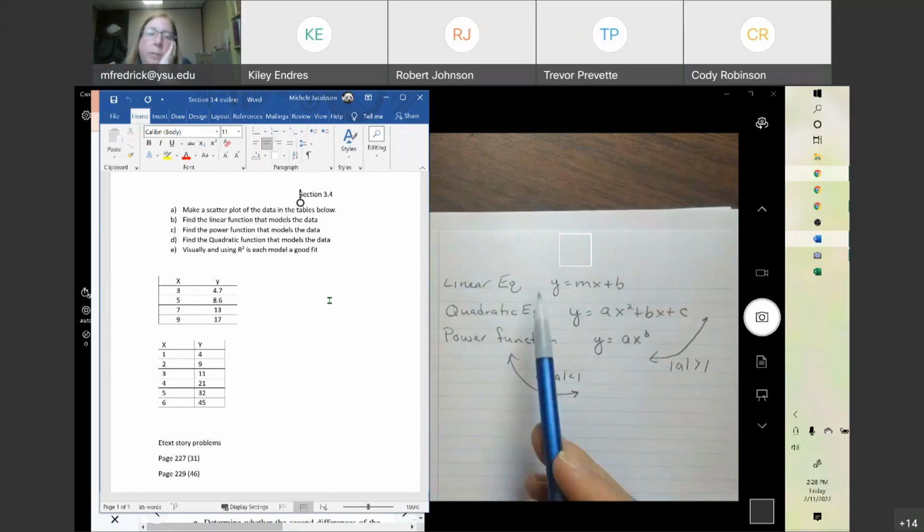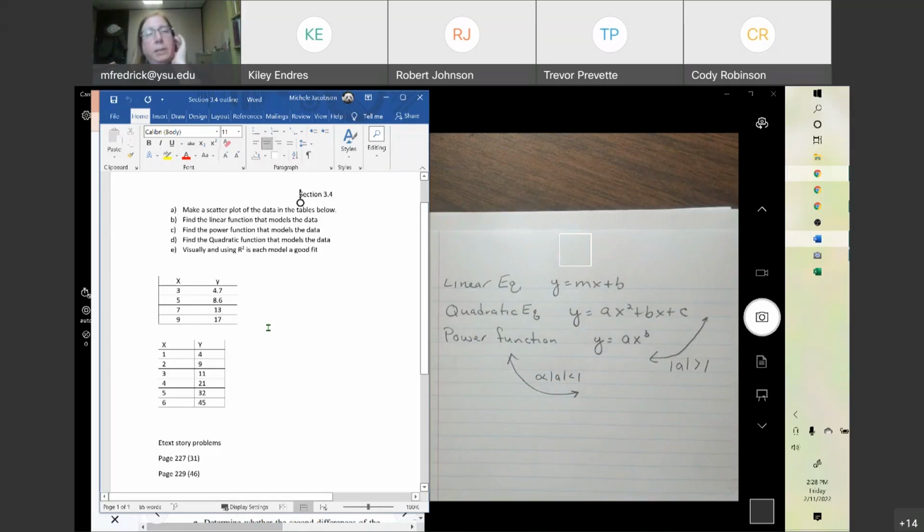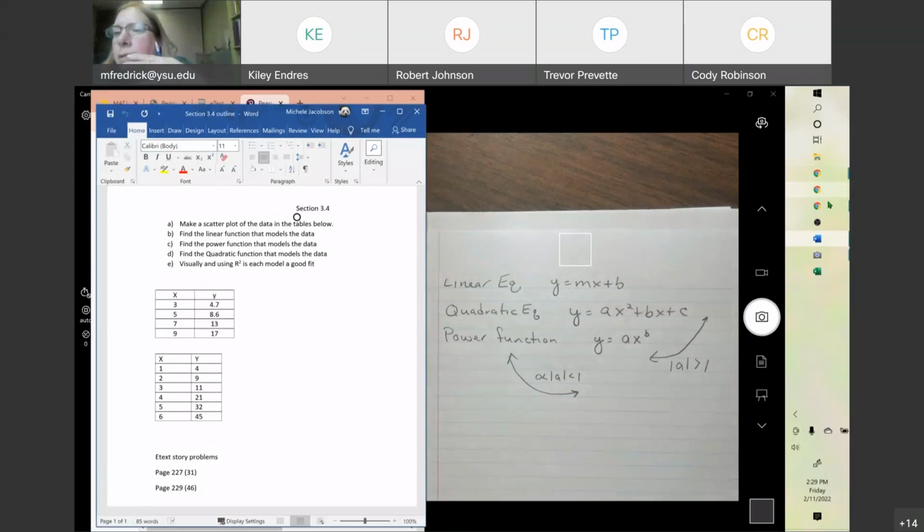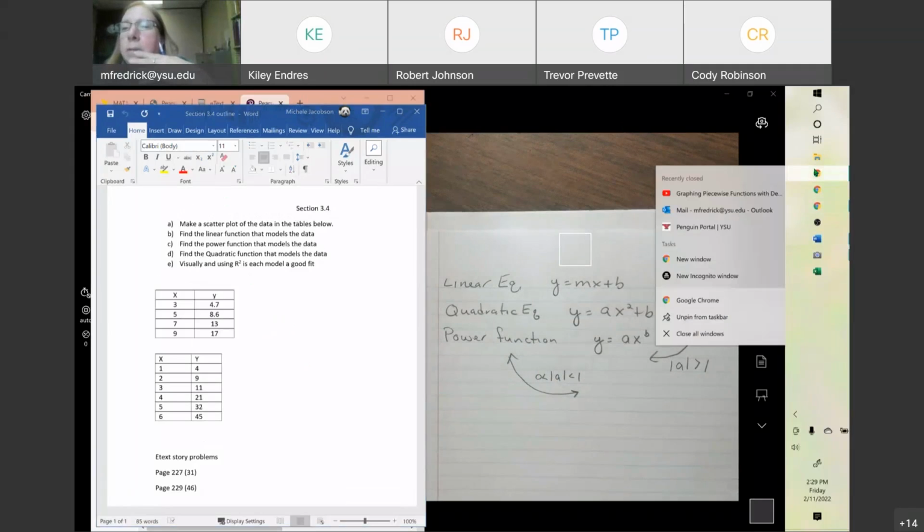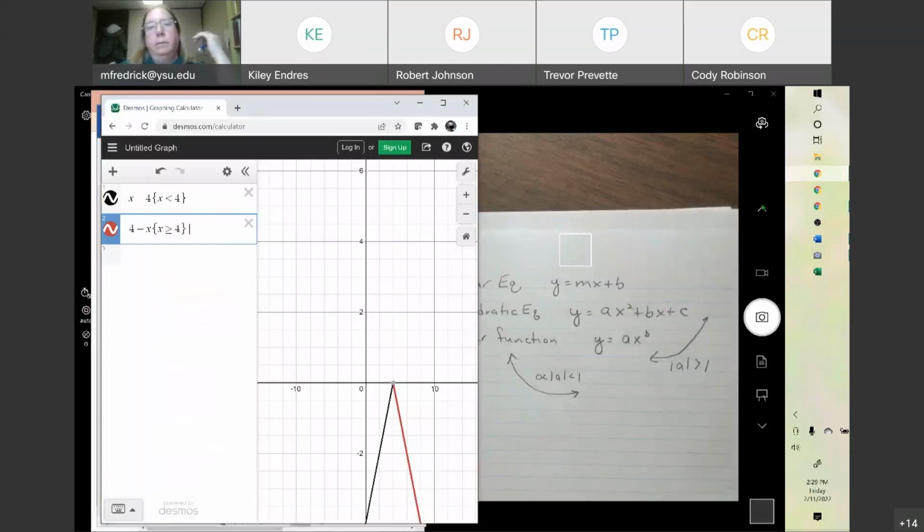And so when we do this table, instead of just having the linear regression line, now we'll have a quadratic and a power and see which one fits the best. And so we're going to graph a little bit differently than we were before. I'll bring this over here. Wait, I need Desmos. There it is.